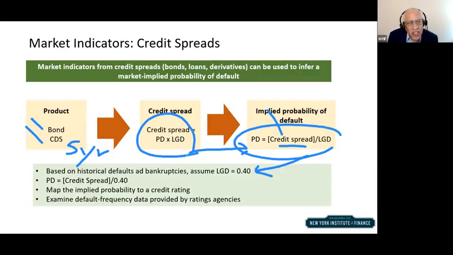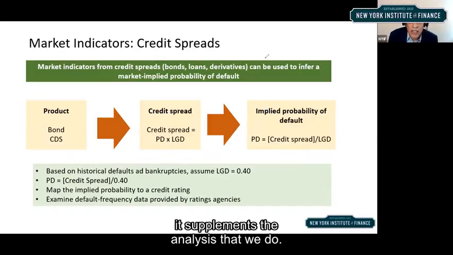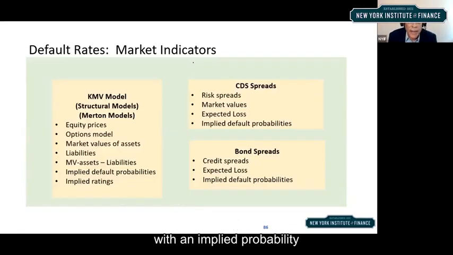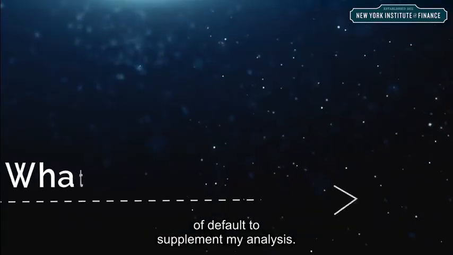So it doesn't substitute the analysis, it supplements the analysis that we do. So that's how I can use the markets to come up with an implied probability of default to supplement my analysis.